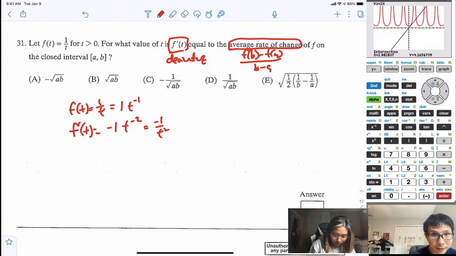Does that make sense? I thought you said it's negative t squared. Negative 1, t to the negative 2, so that's good.